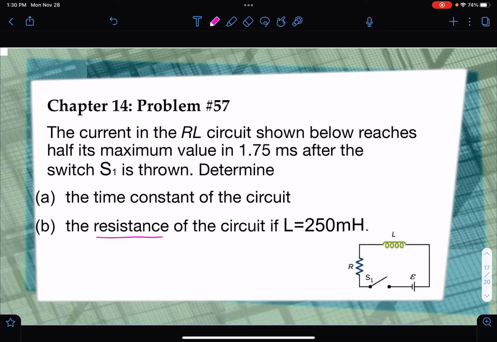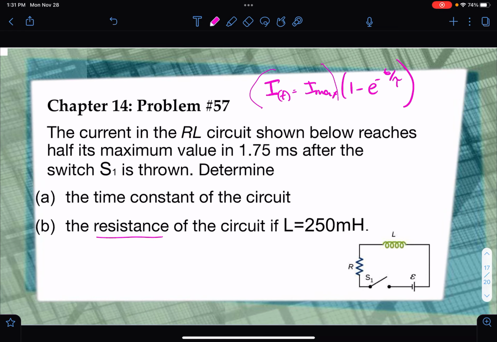the current equation. So I'm going to write up here: I at a specific time is equal to our I max times 1 minus e to the negative t over tau. So we know t. We're looking for tau. We know e. And then we actually know I over I max as a ratio.